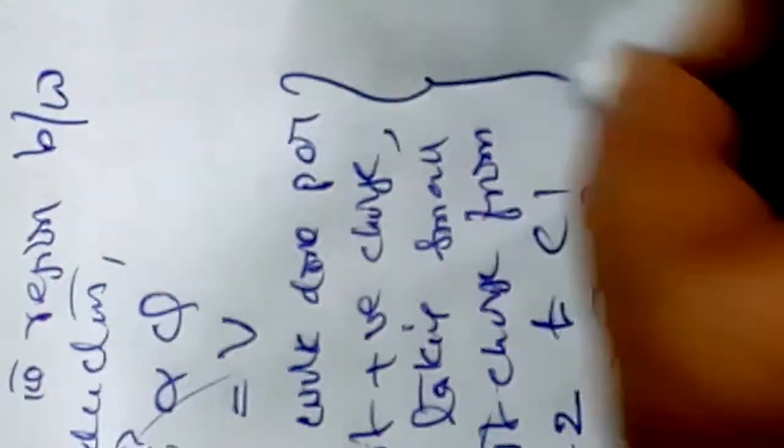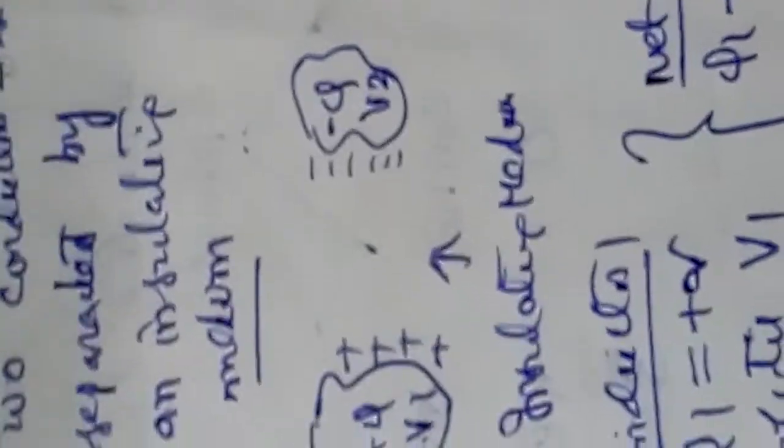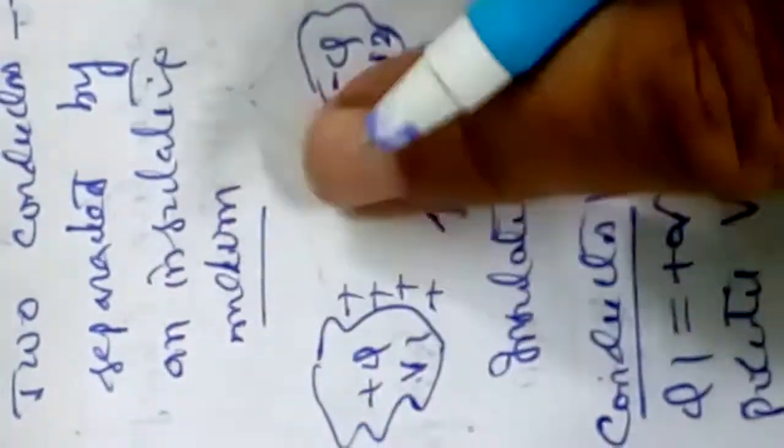So from this, what we can understand is, if there is more charge, there will be more voltage. Therefore, we can also conclude that V is proportional to Q.